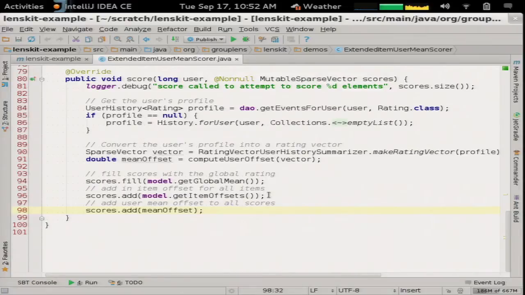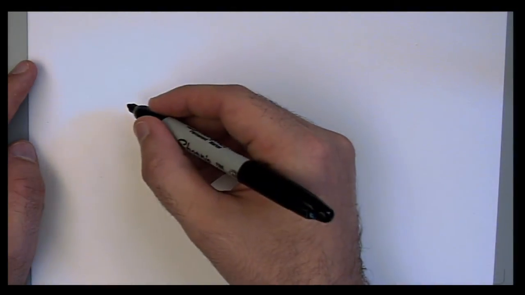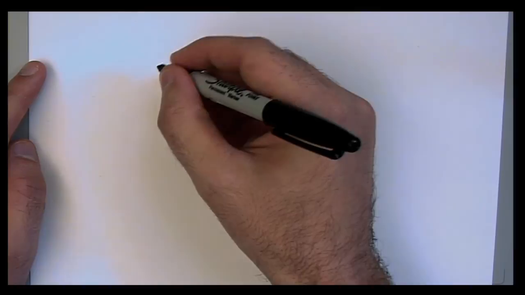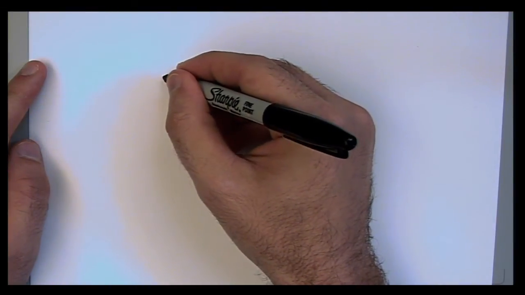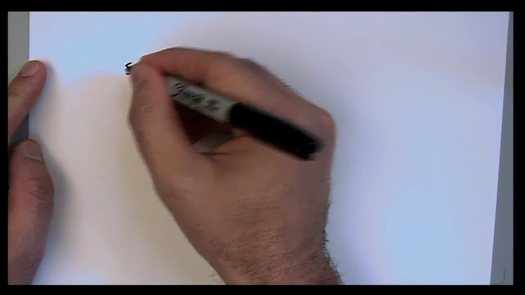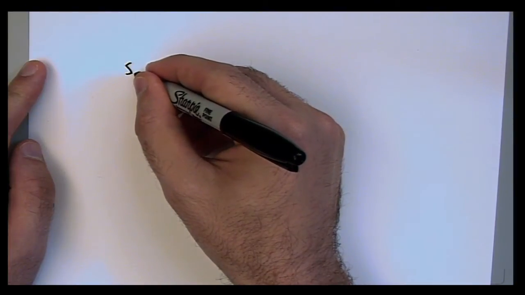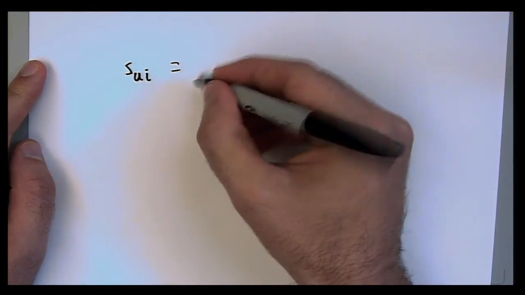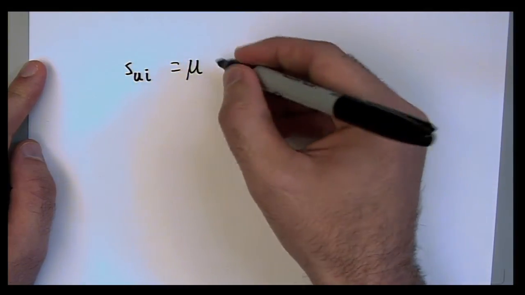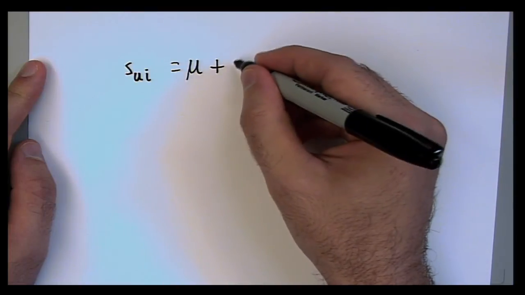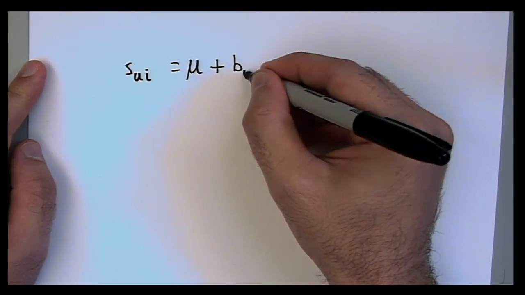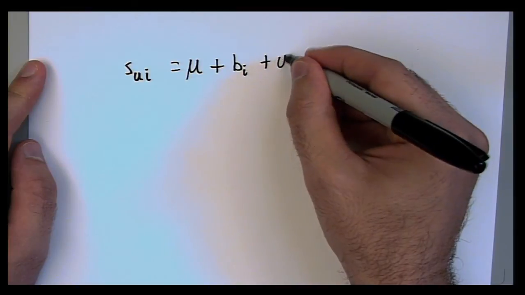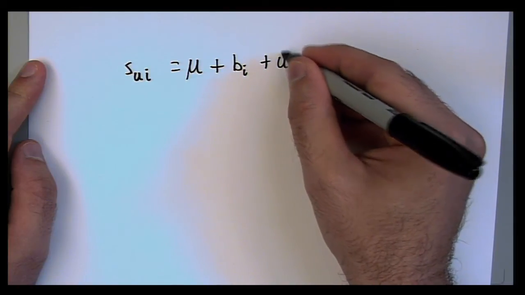Let's take a minute now and go to a piece of paper to look at exactly what this formula is. So the scoring function that we're doing here is this user personalized mean. The score for an item, or for a user U and item I, is equal to the global mean rating plus the item score plus the user score, or baseline.